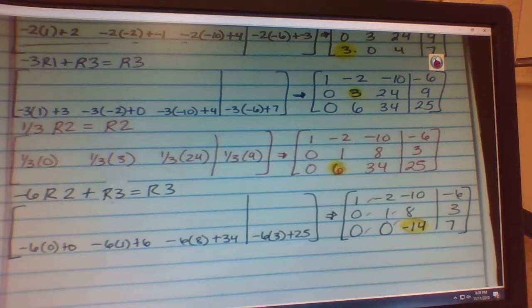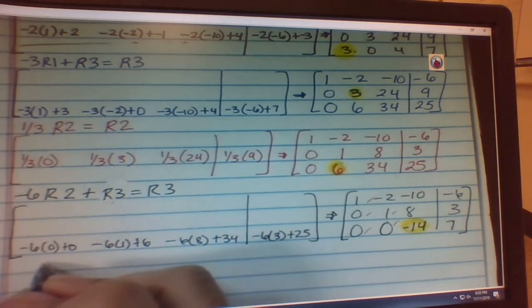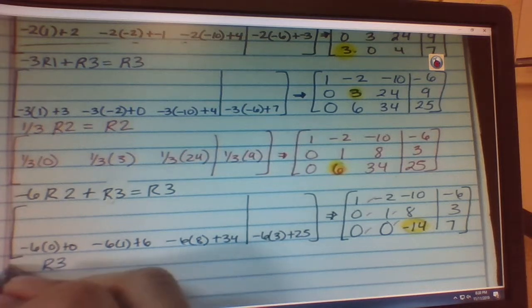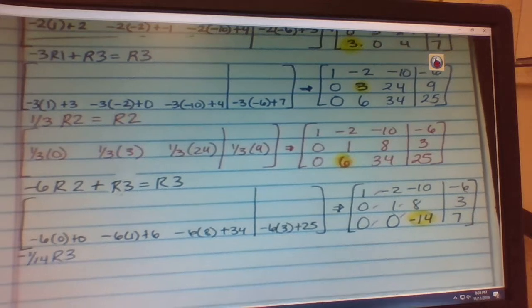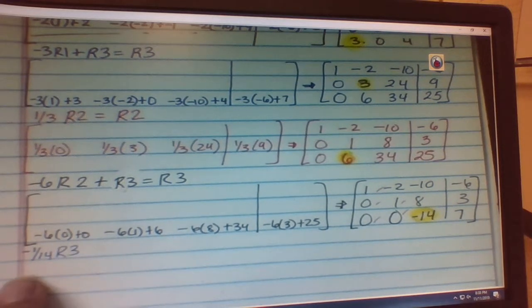So what do I do with that negative 14? Just multiply it. Turn it into a 1. So if it's a negative, you have to multiply times a negative.